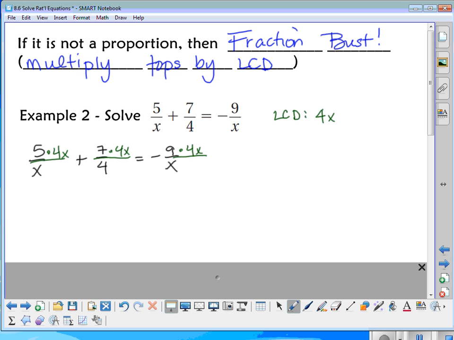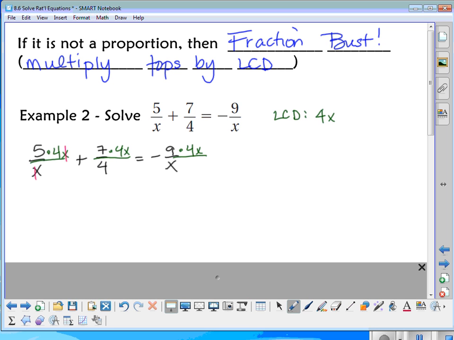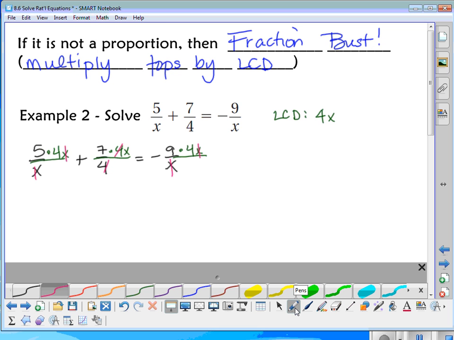Okay, then I go through and I cancel out what I can cancel out. And so for the first term, the x's cancel out. The second term, the 4's cancel out. And the last term, the x's cancel out. You don't have to times the bottom for it? No, we're only multiplying it on top because we want the fractions to go away.